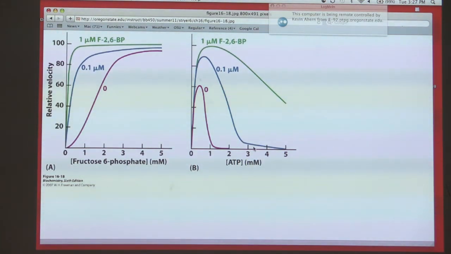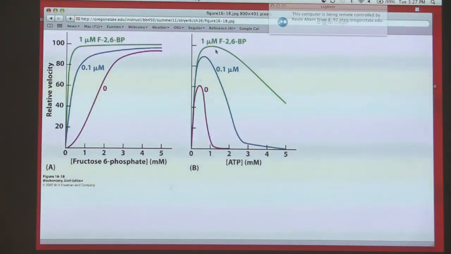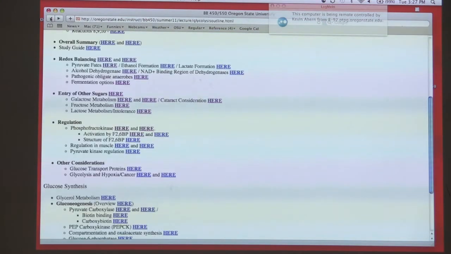And what you see is that in both cases, when F26BP is present, as it is here or here, that gives the maximum velocity. And you can see it's at 1 micromolar. It doesn't take very much to activate it. Here's 0.1 micromolar. So very tiny quantities of F26BP are strongly activating phosphofructokinase. All right. Now I'll talk later about how that molecule actually gets made. In fact, I guess I'm going to talk about it in just a second here.